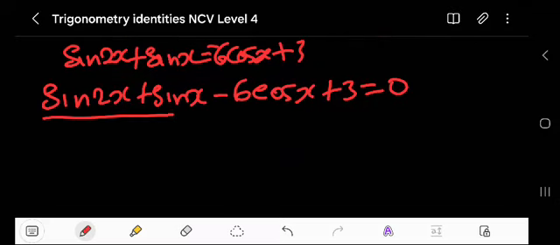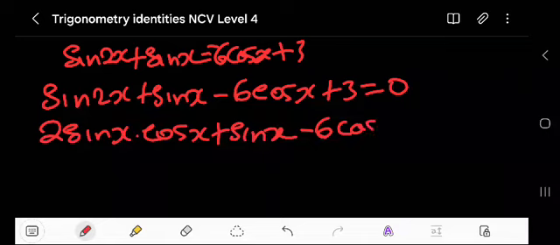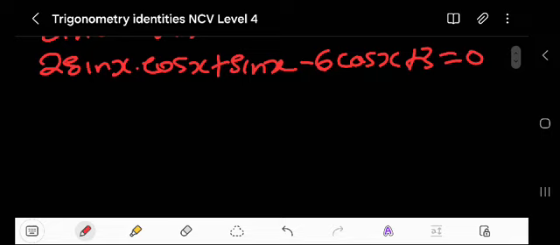So we start with these 2, right? What is common between these 2? Okay, before that, let's just change this first. We'll have 2 sine x multiplied by cos x, plus sine x, minus 6 cos x, minus 3 is equal to 0. Then factorize by grouping.